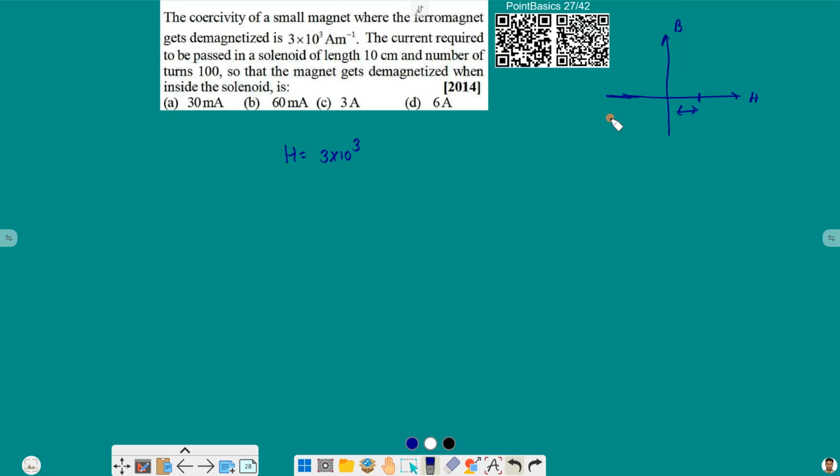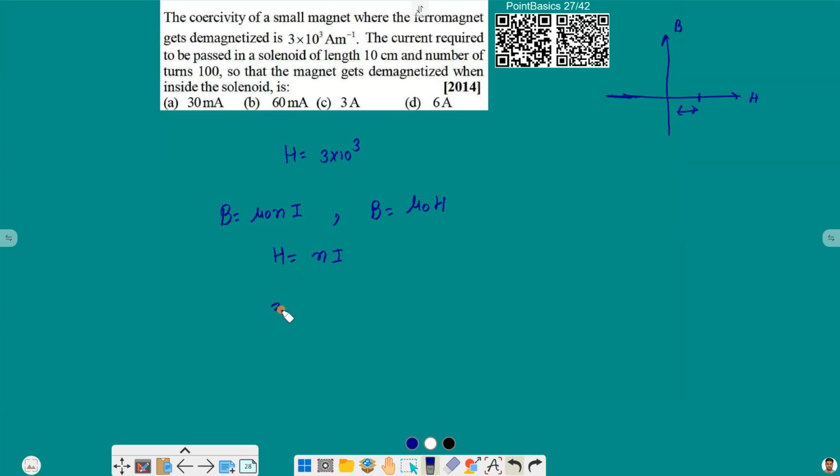And in that scenario, we know that for a solenoid, B is equal to mu naught N i, and for a material, B is equal to mu naught H. Comparing both of these two, we get H is equal to N i. So this is the required amount of current to produce this coercivity and to reduce this coercivity to zero.